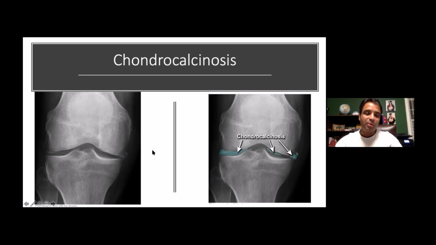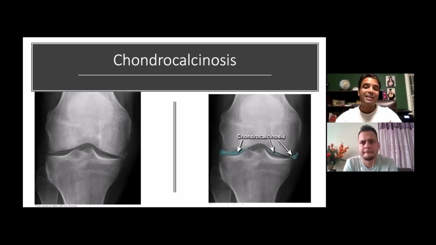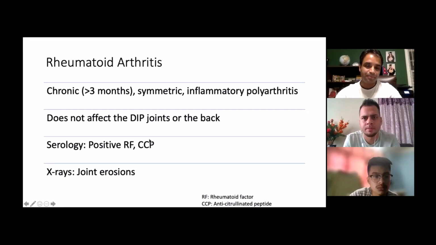Now, chondrocalcinosis on X-ray does not always indicate pseudogout, since not all people are symptomatic even with chondrocalcinosis, but if a patient presents with inflammatory arthritis and you see chondrocalcinosis, it is likely pseudogout.